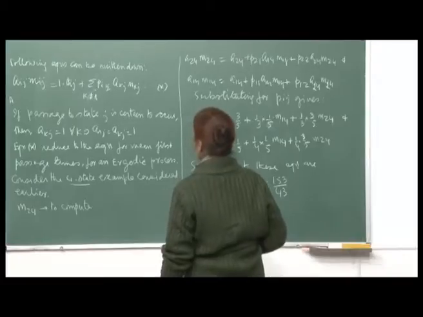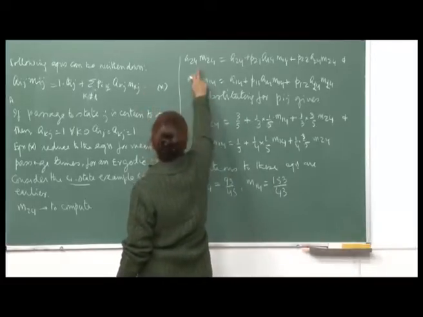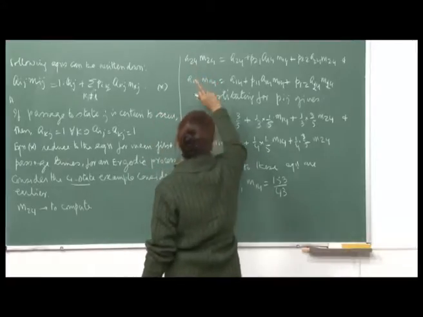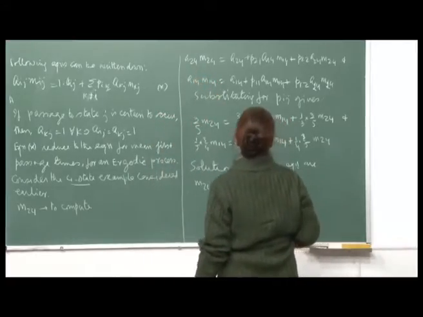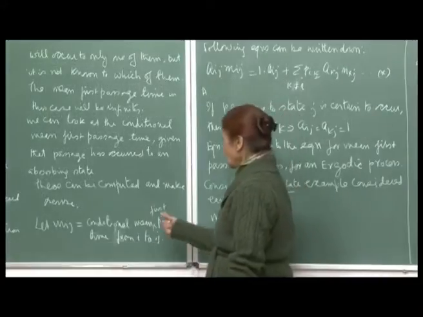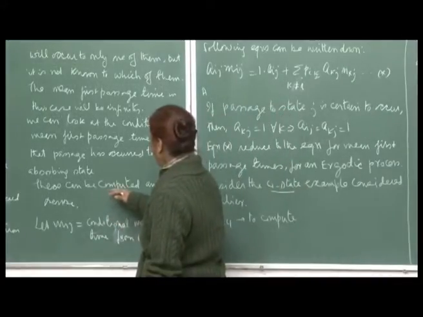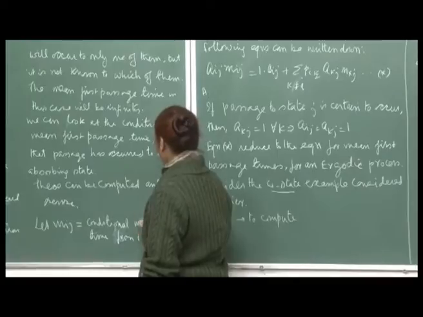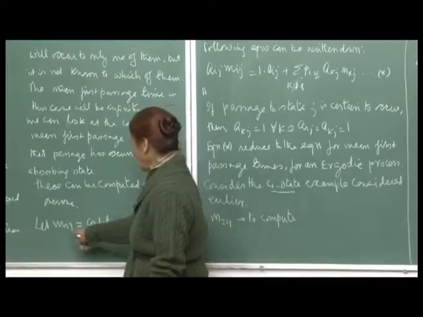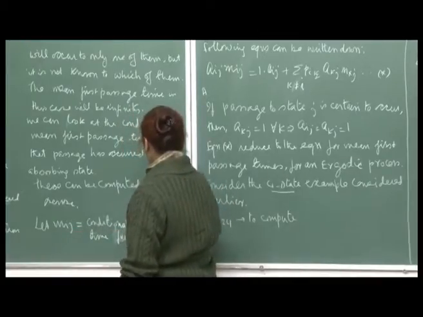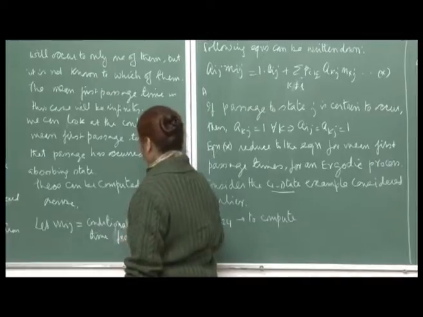So, here if you look at this equation, let us just write it out. So, it will be a24 m24. So, now we will make use of the conditional mean first passage time. I am defining m_ij as the conditional mean first passage time from i to j.